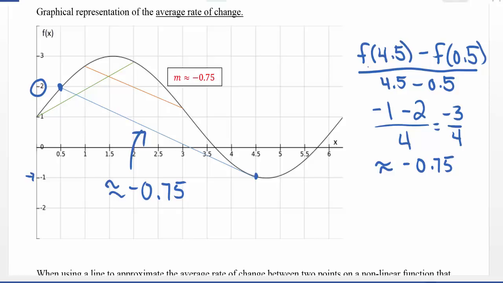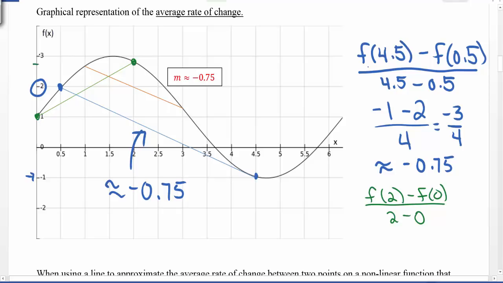So again, I'm considering what's happening between x equals 0 and x equals 2. So that means my formula is going to look like f of 2 minus f of 0 divided by 2 minus 0. So f of 2 is another approximation. So I go to 2 and I go up to where it hits the function, and I need to approximate the corresponding y value.